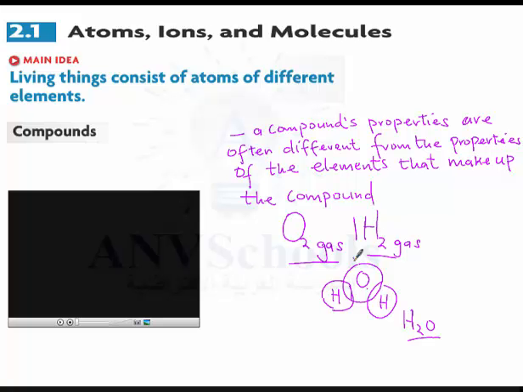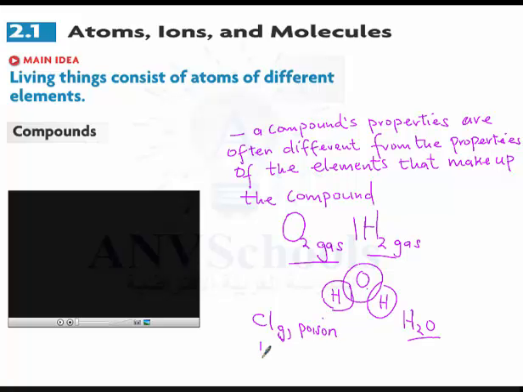In some cases, it's even weird that some of the elements that form compounds which are foods might be poisons themselves. For example, chlorine gas is a poisonous gas.